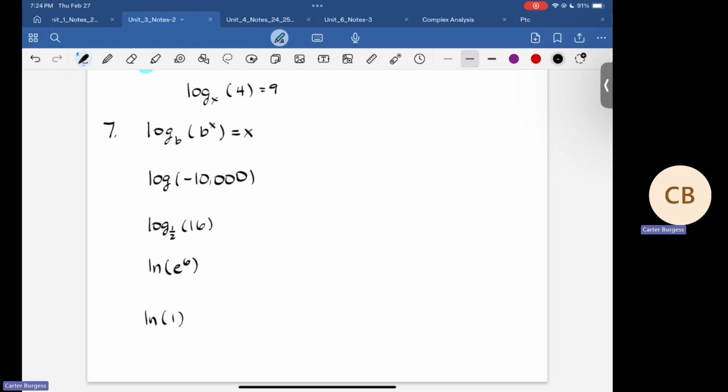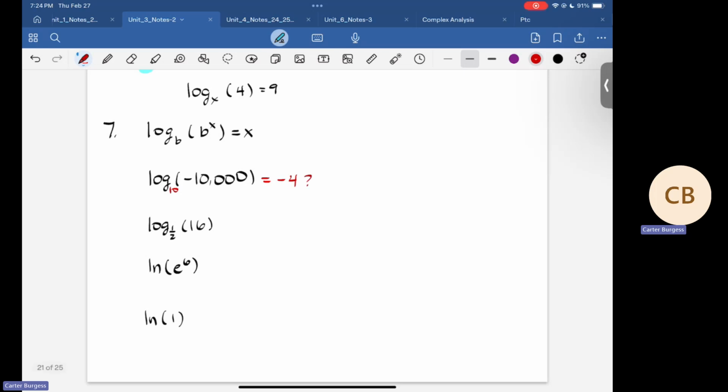Okay. So first and foremost, what base are we talking about when this is just log? Well, the implication here is base 10. So you might be looking at this and thinking, oh, well, 10 to the 4th gets us to 10,000. And a red herring here, maybe this would then be -4 because of the negative on the inside.